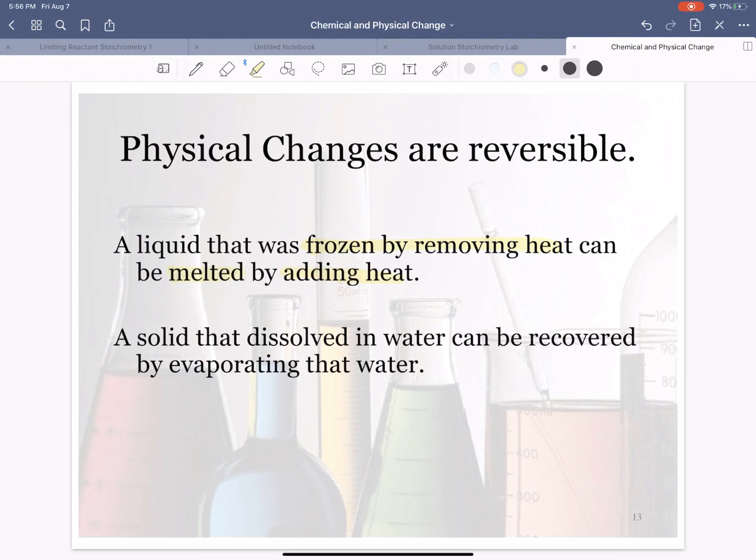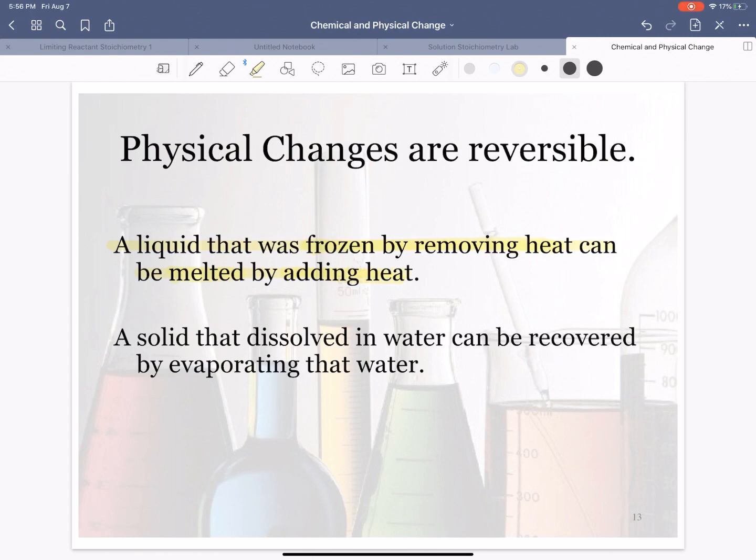If we do the opposite process, we get back what we started with. So a liquid becoming a solid and a solid becoming a liquid is an example that we call change of state. And changes of state are physical changes.